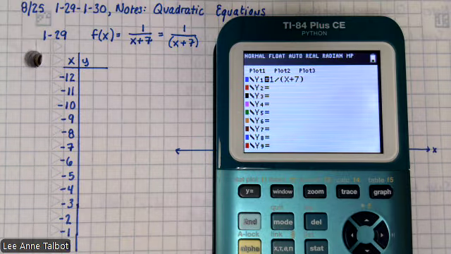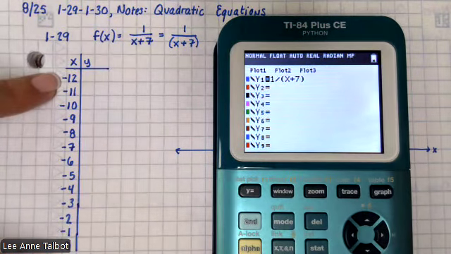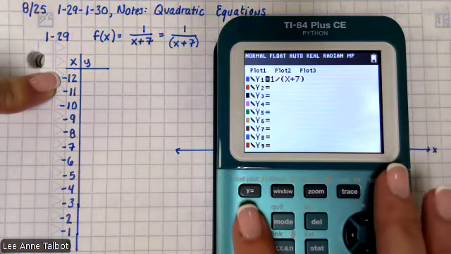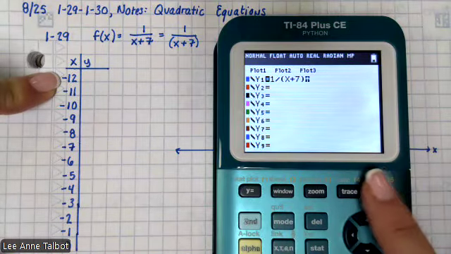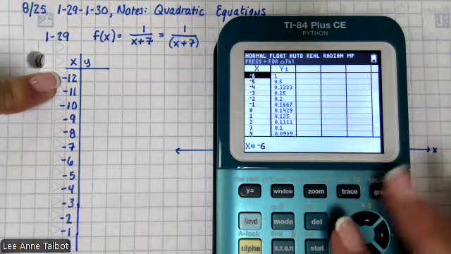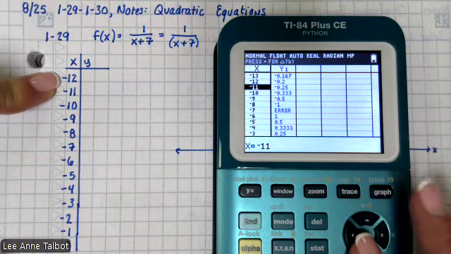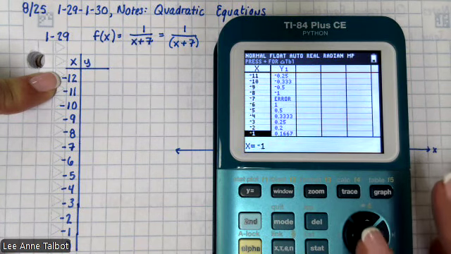Okay, now hit second graph and scroll to where -12 is at the top of your screen.